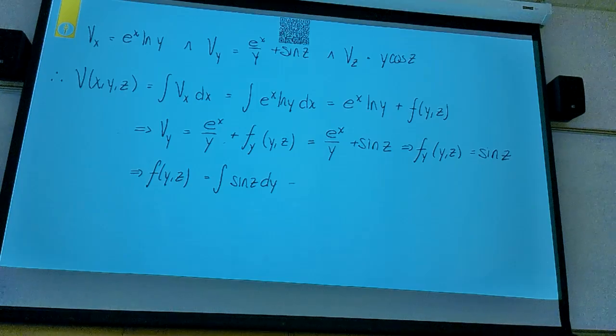What's that antiderivative? Y sine z, plus c. What are you missing? Plus f of x. So first off, don't use f, because we just used f.